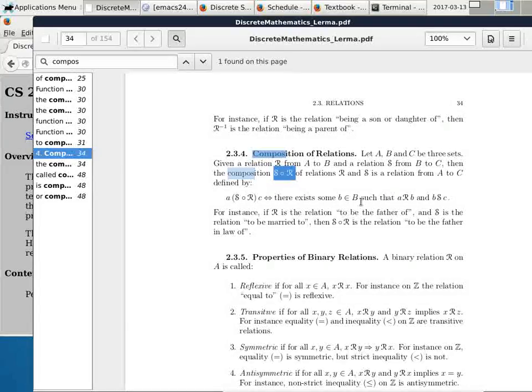If pen A writes a color and pen B writes the same color, then B writes the same color as A, so you can flip them. So it's symmetric. And if one pen writes blue and this one writes blue, and this one writes blue, then the first and the last write blue. So this is an equivalence relation: two pens are equivalent if they write the same color.